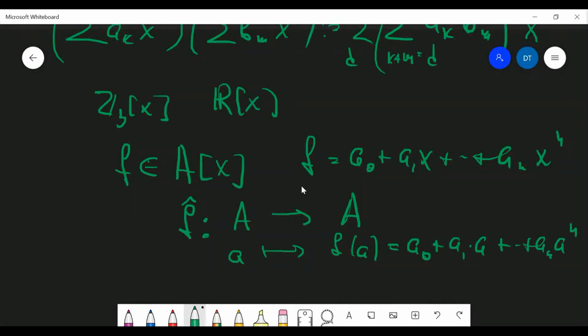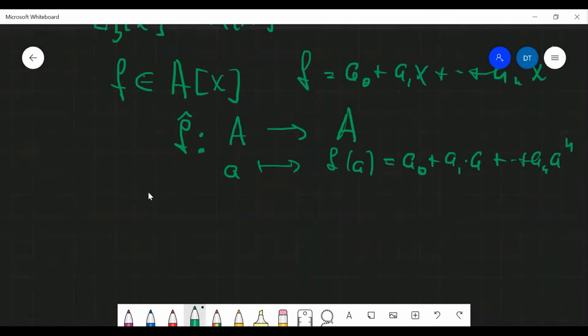And you may compute the result on the right because it's an element of a ring and all the operations are well defined. So each polynomial defines a function, but different polynomials may define exactly the same functions.